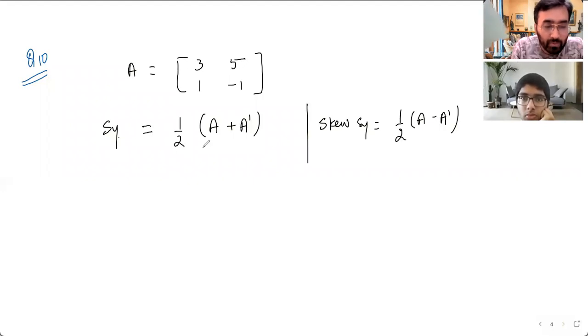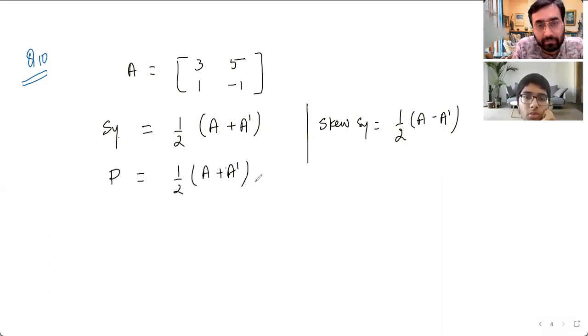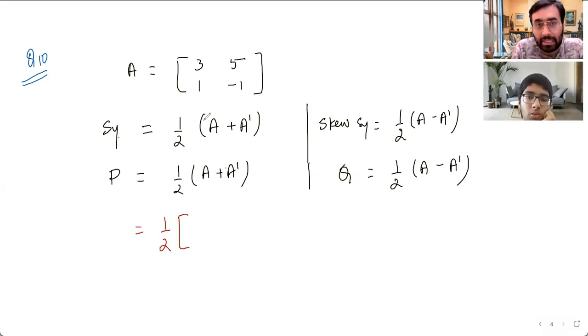First I will show you. Let P be the symmetric matrix, so the formula is A plus A dash, and Q the skew symmetric matrix, so it is A minus A dash. The 1/2 will be as it is, and now A is 3, 5, 1, -1, and we have to add to this A transpose, which is 3, 5, 1, -1.